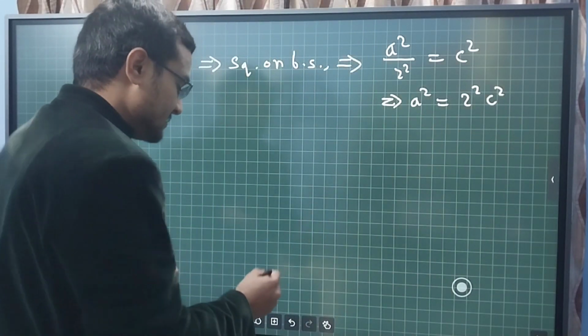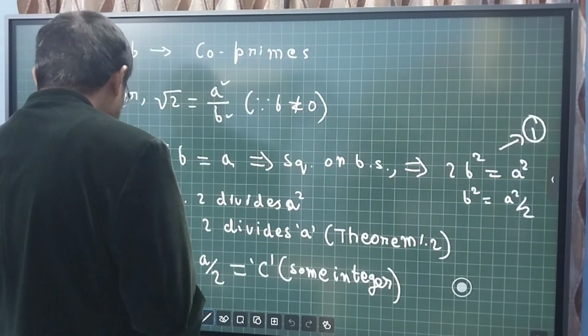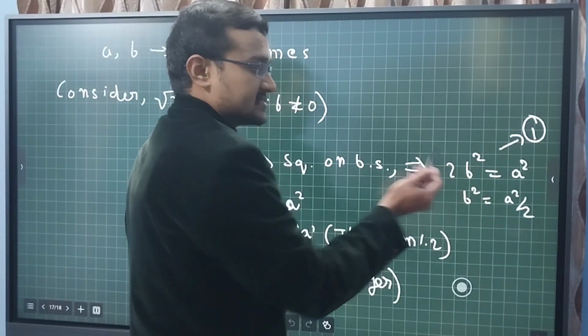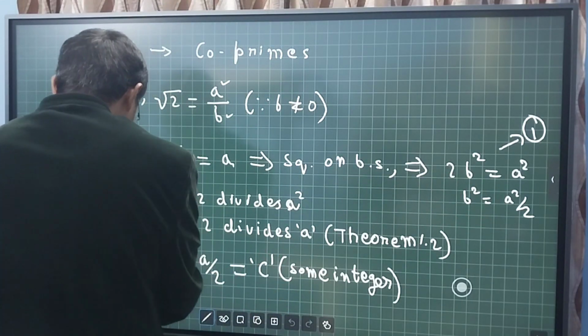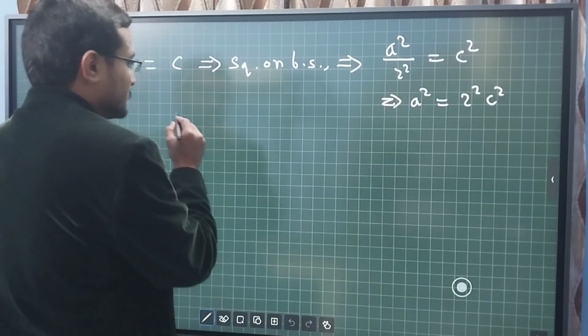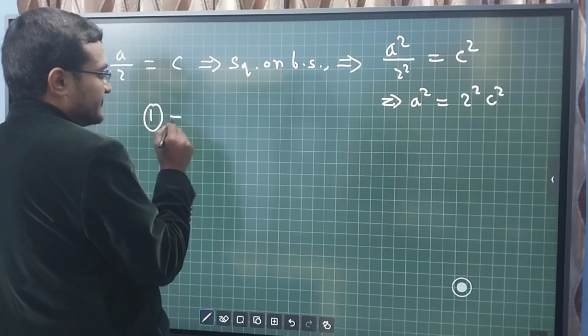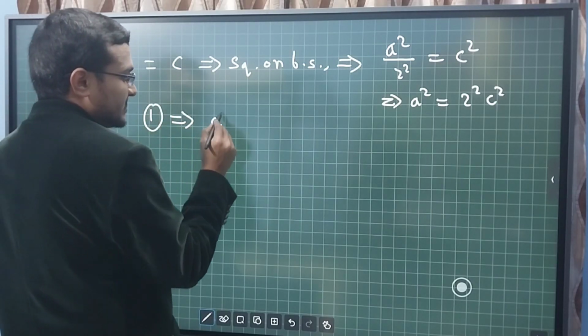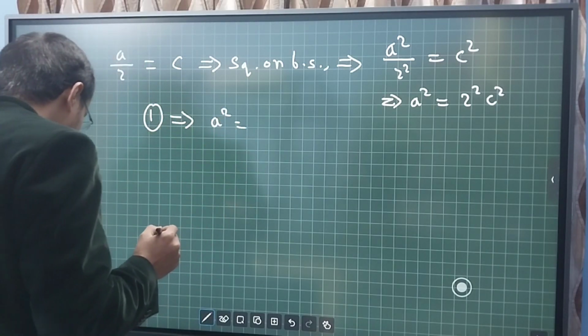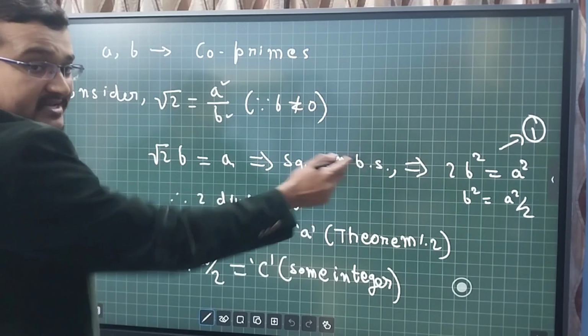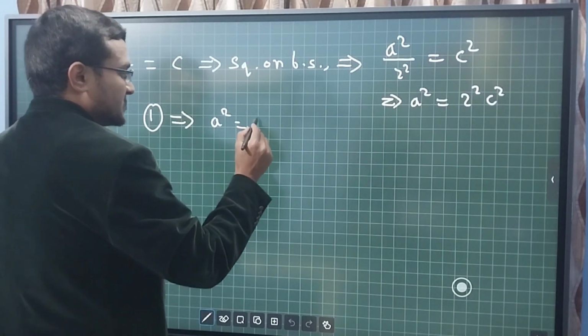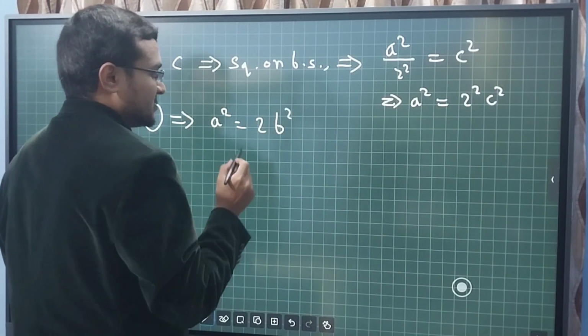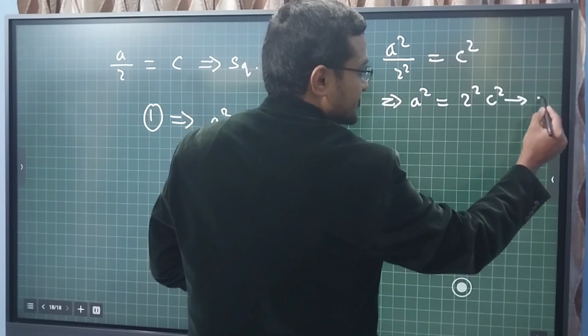So A square, in the previous slide you can see, A square is equal to 2B square. So from equation 1, we have A square is equal to 2B square. This we will call equation 2.